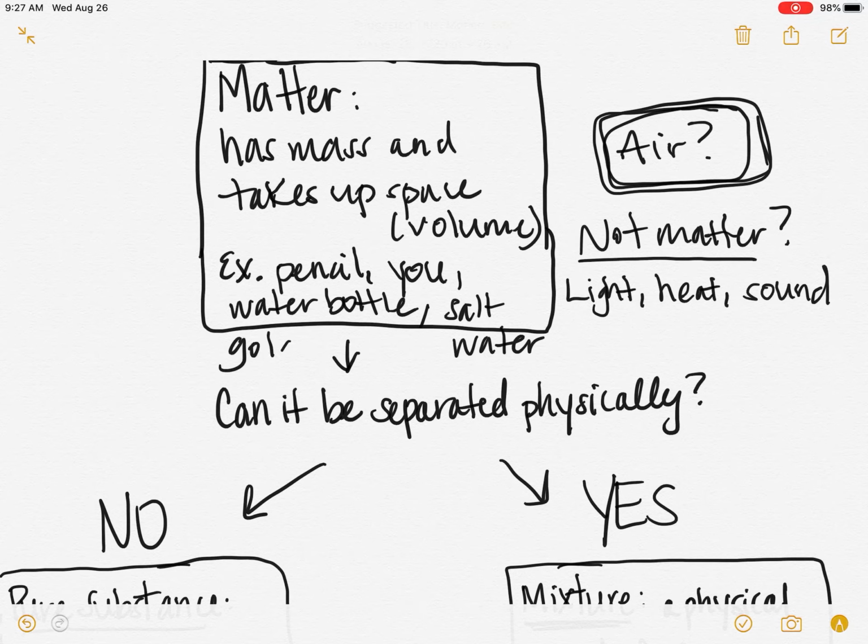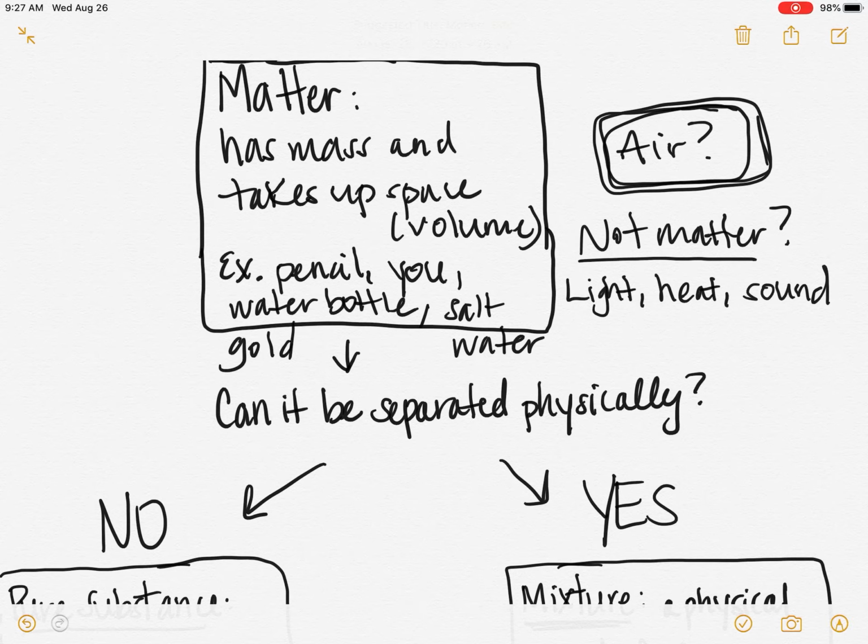Okay, so we all know gold has mass and takes up space. And so now our question is, can we separate gold physically? Well, the answer is no. There's nothing you can do to take gold and break it apart. So because that's the case, gold is not classified as a mixture, but it's classified as a pure substance.